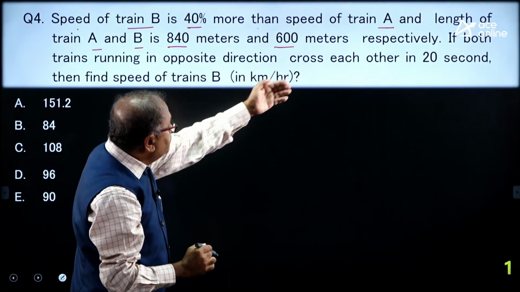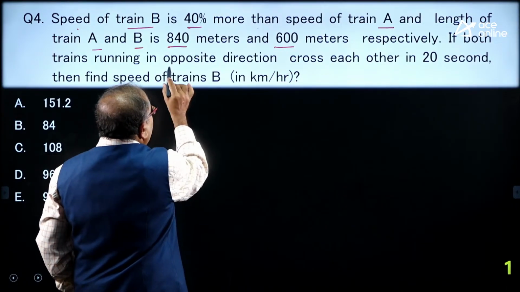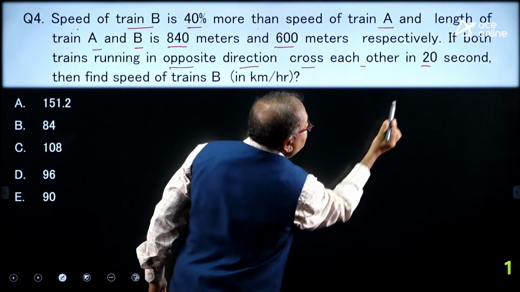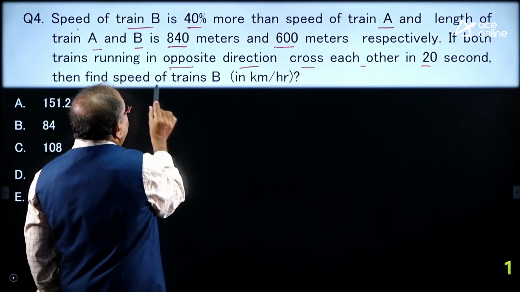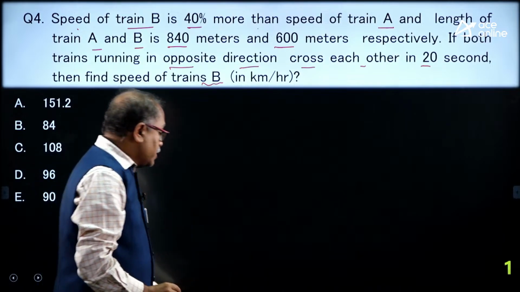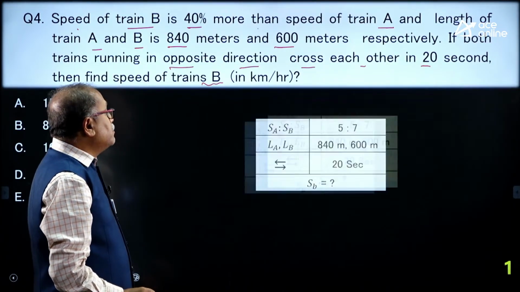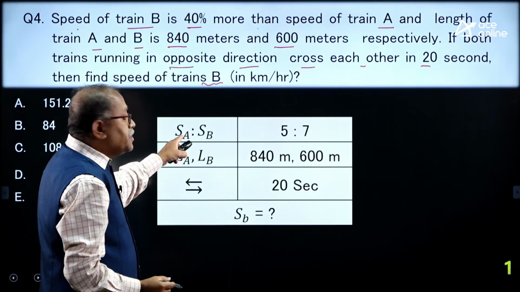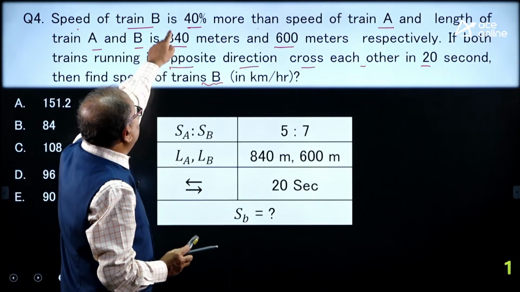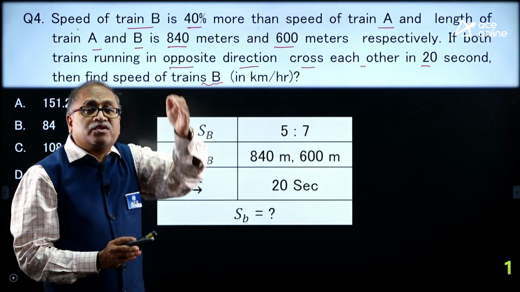And the next one, if both the trains are running in opposite direction, crossing each other in 20 seconds, then find the speed of train B. So, the information we have is that the speed ratio of train A and train B is given to us. What is said? B is 40% more than A.